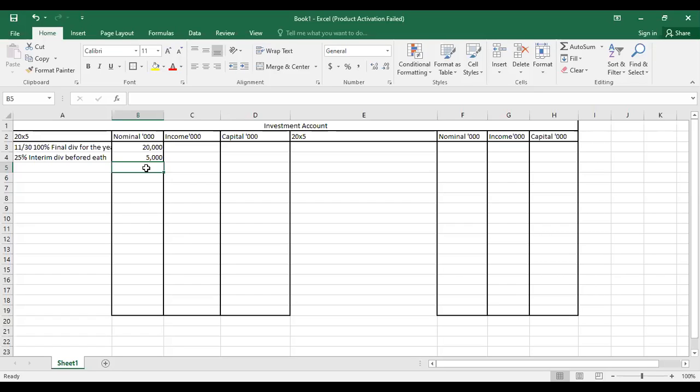Interim of 25% for the year to 30th September was received on 31st May. So how many months are there between January and September? Interim of 25% for the year to 30th September. 6 months. Do we take from January to September?